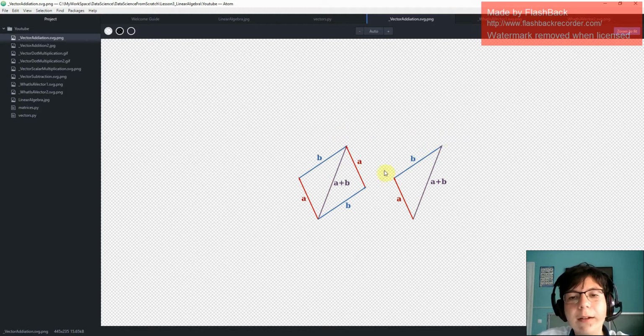This is another way to think of this addition. It is called the parallelogram rule. So instead of having just one triangle, you imagine having two triangles which form a parallelogram, and the diagonal of that parallelogram is the vector you obtain by addition, the sum vector.